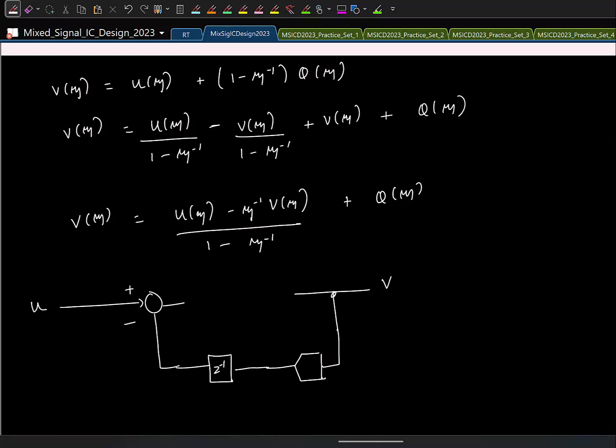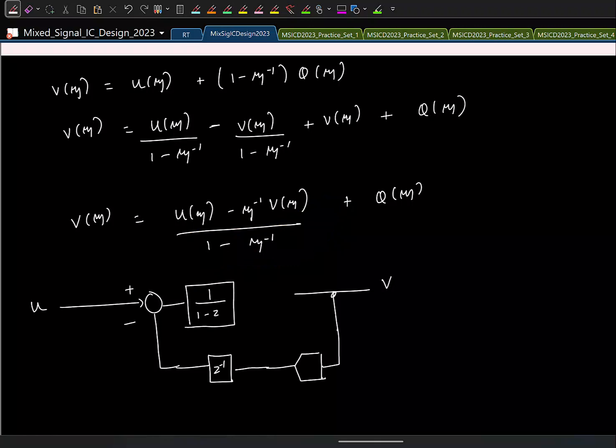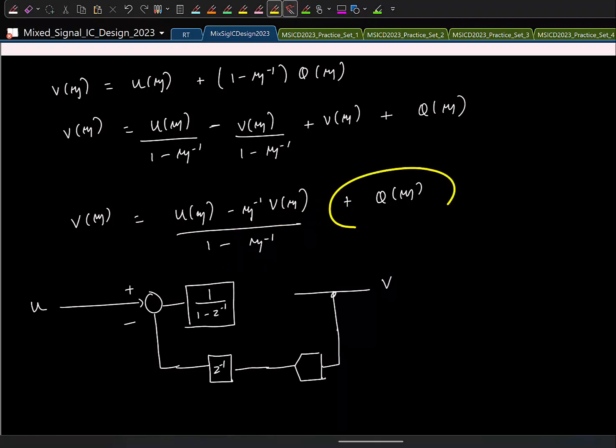Then I have to give it to this block, which is the integrator, you guys know already. Delay free. And then I have to add quantization noise. I just put an ADC. That will add quantization noise for me.